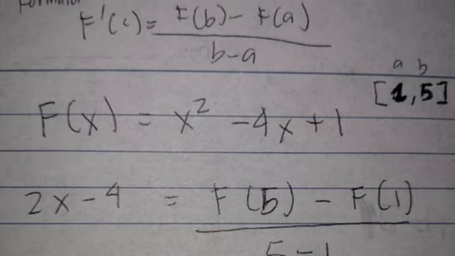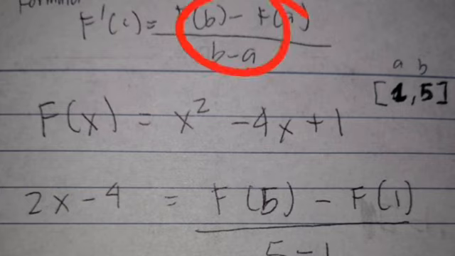So the first step is to find f prime of c. We need to find the first derivative. The derivative of x squared is 2x and negative 4x is negative 4. Since 1 is a constant, we're not going to put it there.